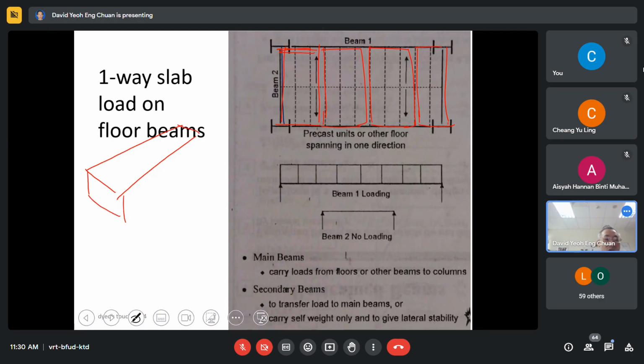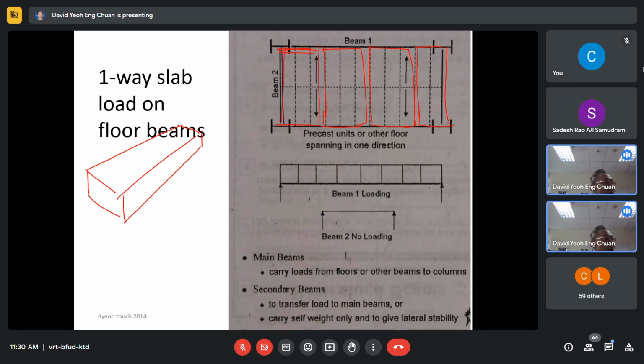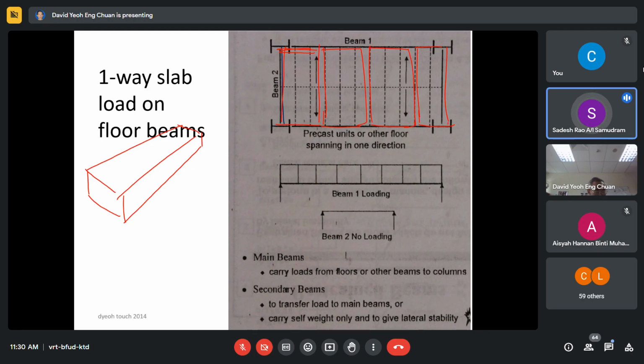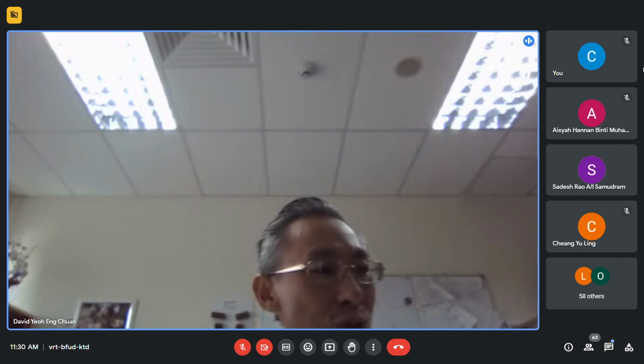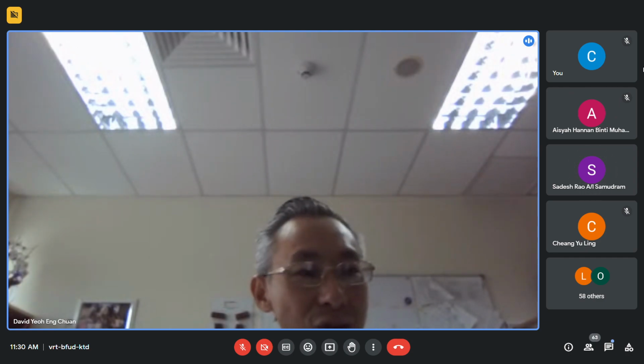Sadesh. Yes, doctor. You want to share your picture with the class? Sadesh says it's the hollow core unit slab. Okay, let's see. Do I need to share the screen or can I send? Yes, you need to share the screen. If you don't share the screen, the rest of us can't see.